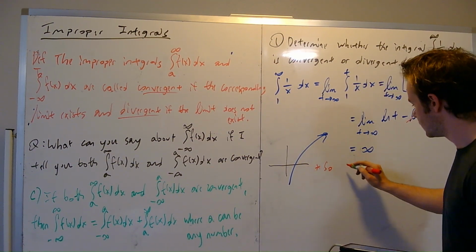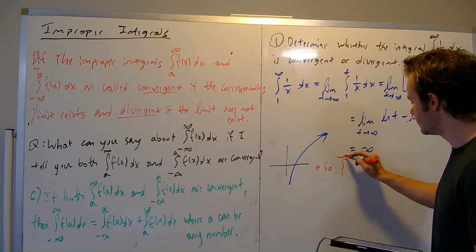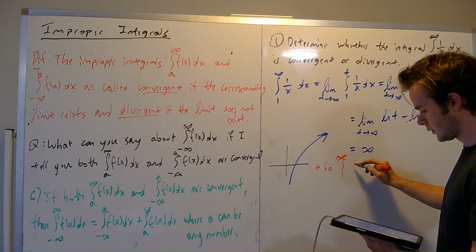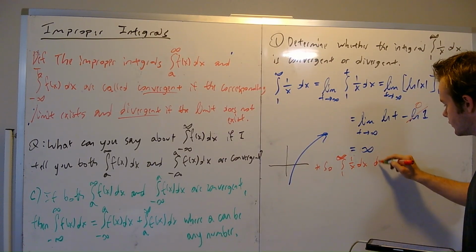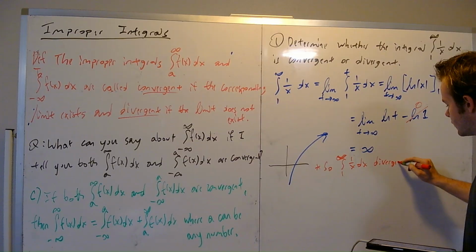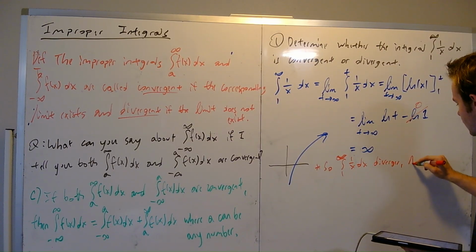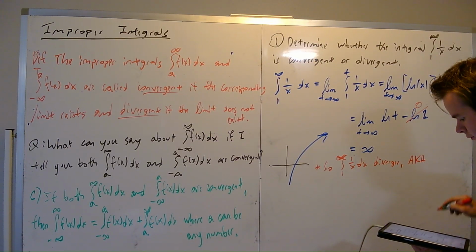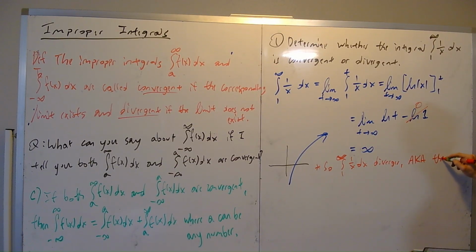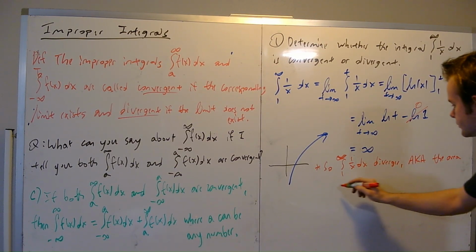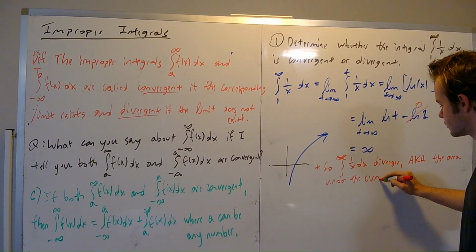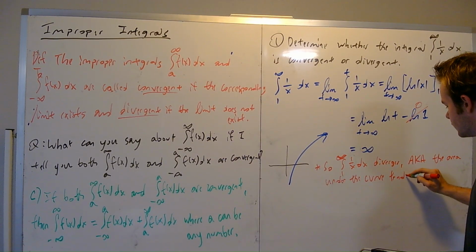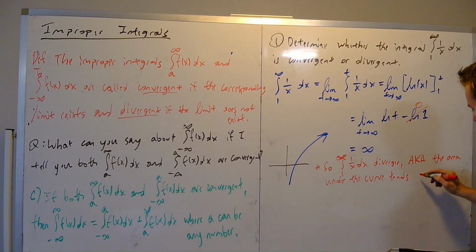So the integral from 1 to infinity of 1 over x dx diverges, aka the area under the curve tends towards infinity.